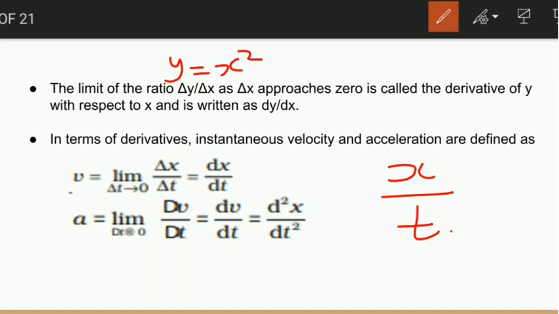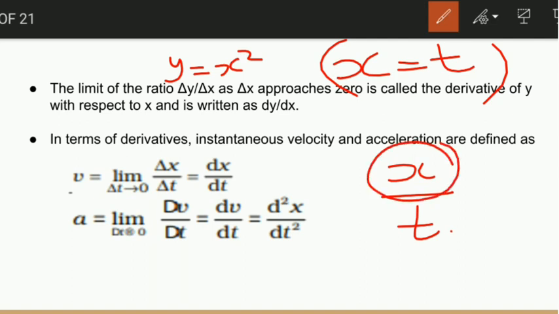When t is equal to 2, x is also 2. So we can write x is equal to t, right? That's our function here, like how we had y equal to x square there. In this case, our function is x is equal to t. So we need to find how x changes with respect to t.